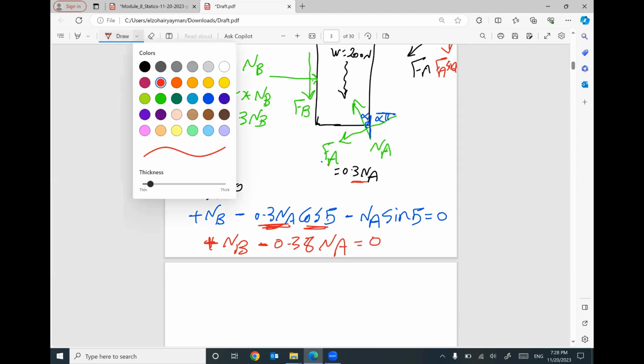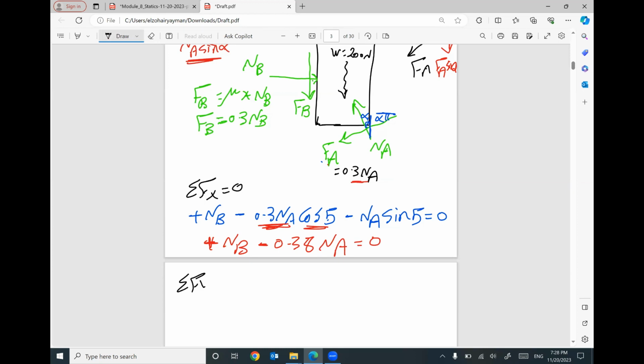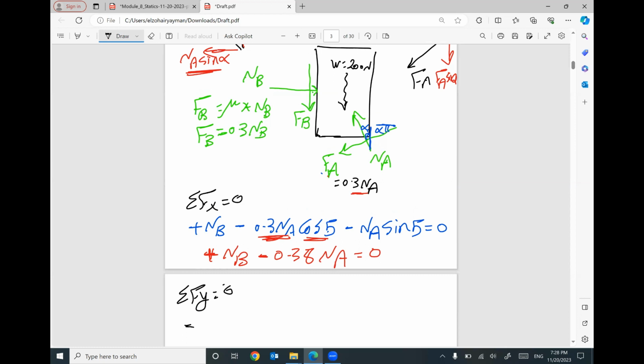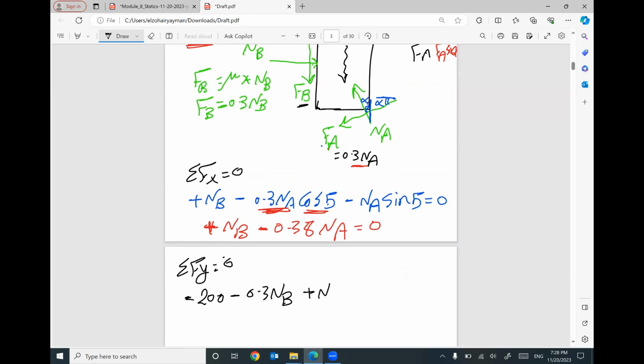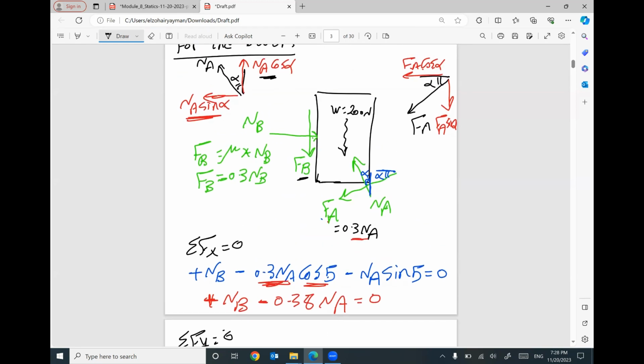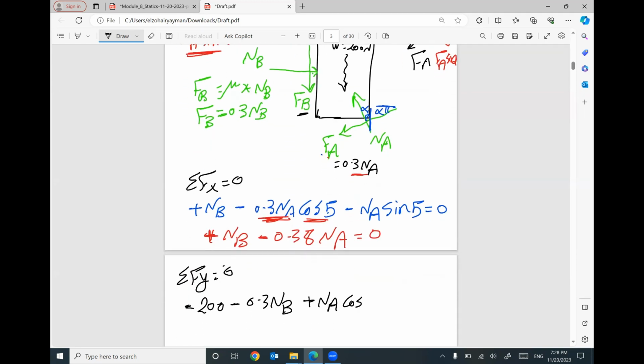Also, I will apply summation f of y equals 0. What forces do you have in y direction? We have negative 200. This is the weight. We have negative FB, which is 0.3 NB. We have also the y component for NA, which is NA cosine 5.